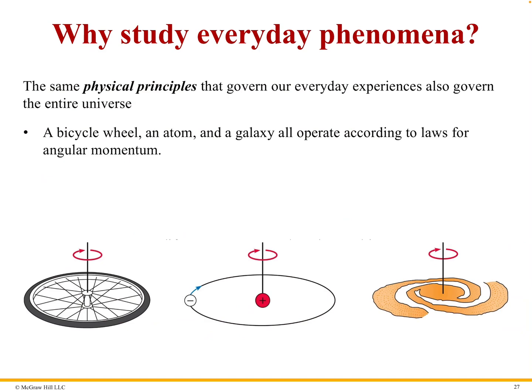So it just gets us into this idea of why do we even study this? Well, it's all kind of connected. It's saying that a bicycle wheel is kind of like an atom. Here's an atom with proton and electron, and there's this sort of spinning motion. Then they're saying it's also kind of like a galaxy, and all of it has to do with angular momentum.